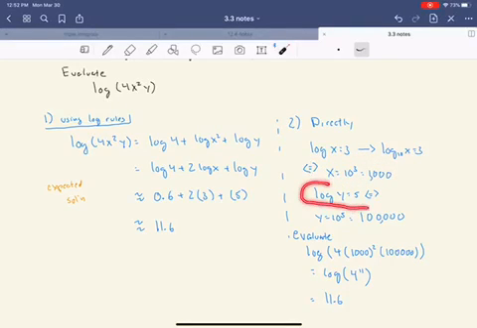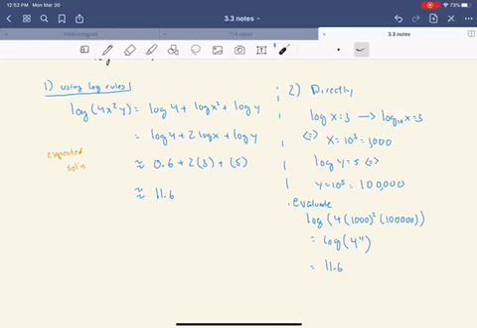Similarly, if log of y equals 5, then y has to equal 10 to the 5, or 100,000. Now, if you plug that into your calculator, 4 times our 1,000 squared times our 100,000, you're going to have 4 times 10 to the 11th.